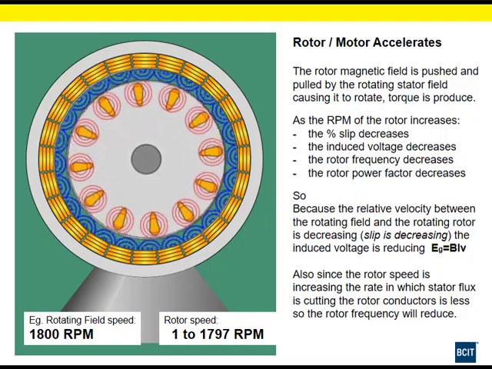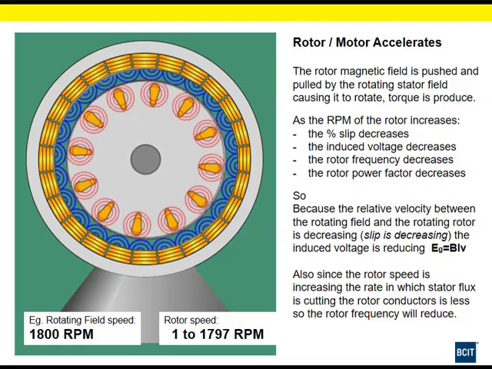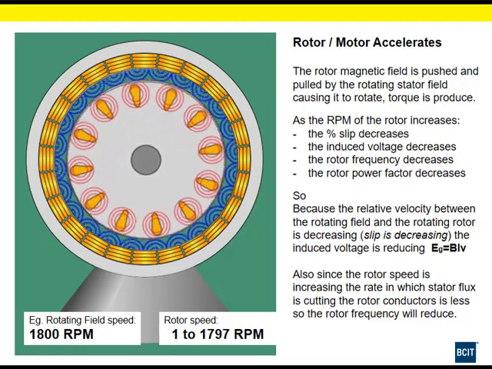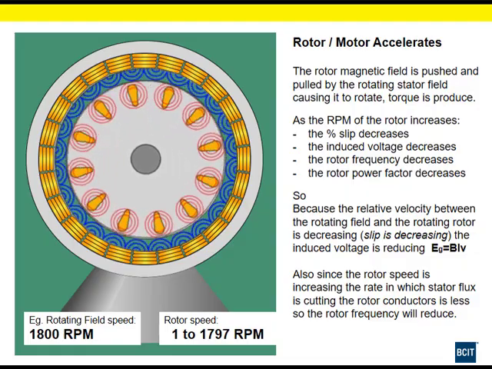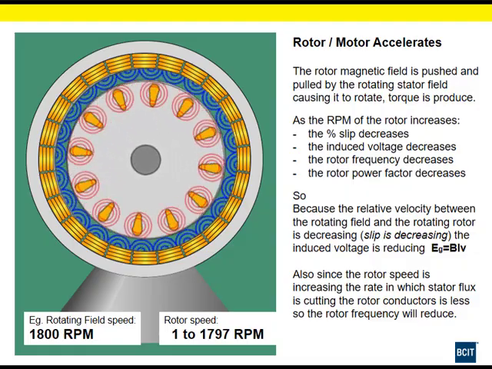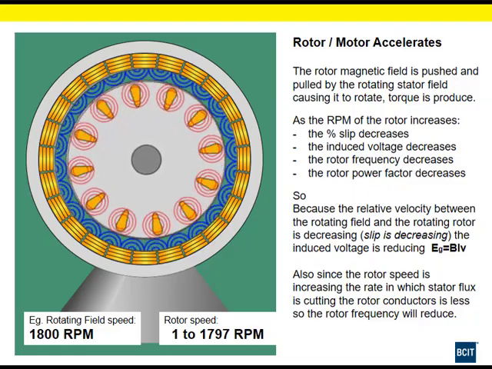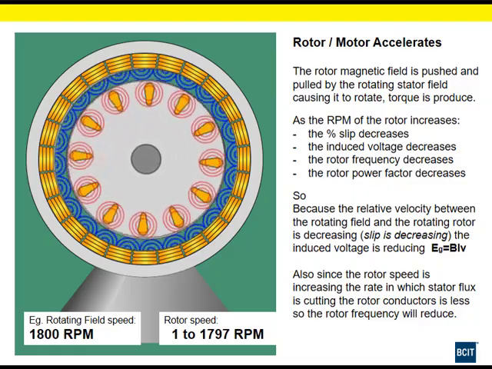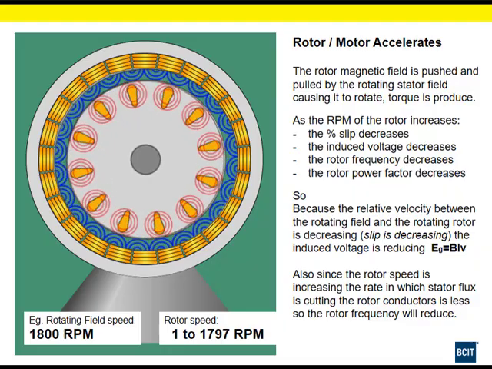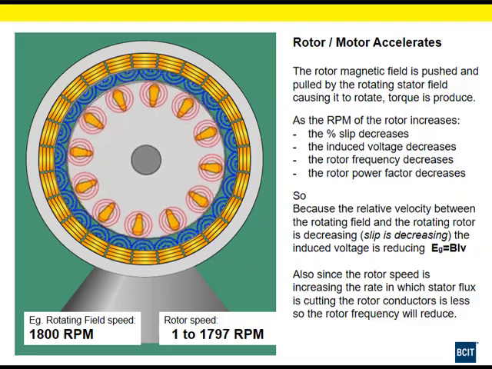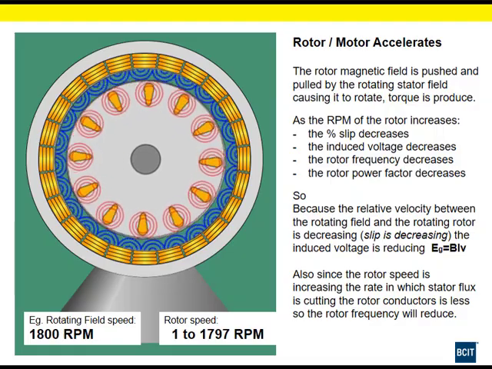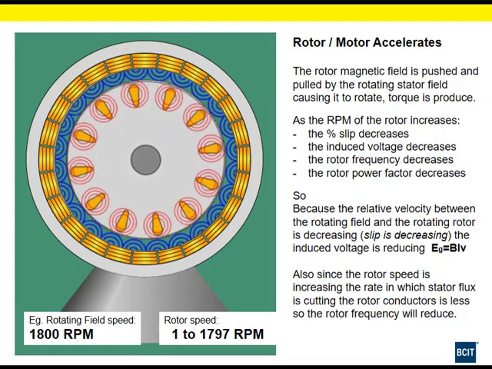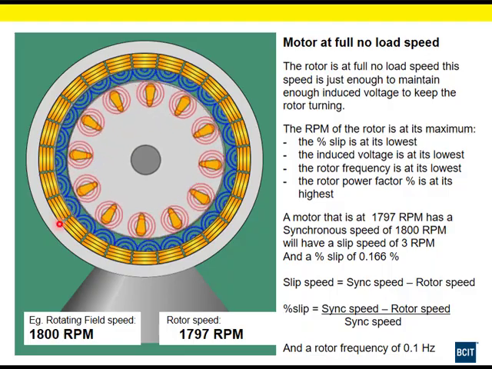Also, since the rotor speed is increasing, the rate at which the flux of the stator is cutting the rotor conductors is less, so the rotor frequency will reduce. This is what's happening when we're going from 0 or 1 all the way up to, let's say, 1797, which in this example would be the no load RPM of this particular motor.